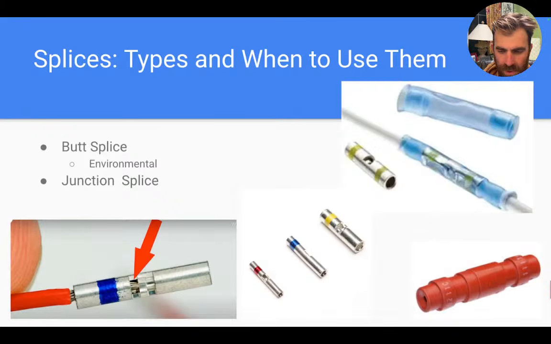And this one down here on the right has a little connector insert in there, so you would put pins on the two ends of the wires, and those would just connect inside of this little junction splice.